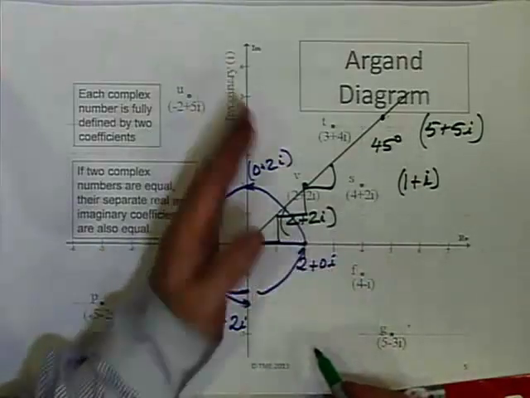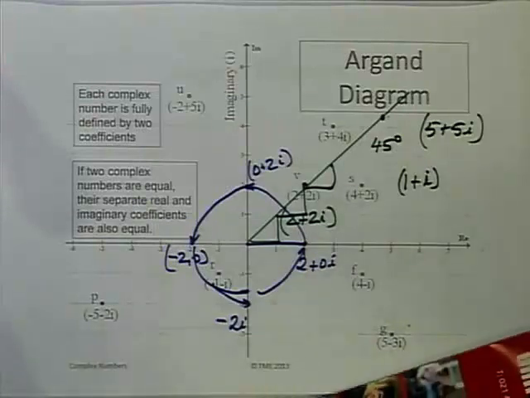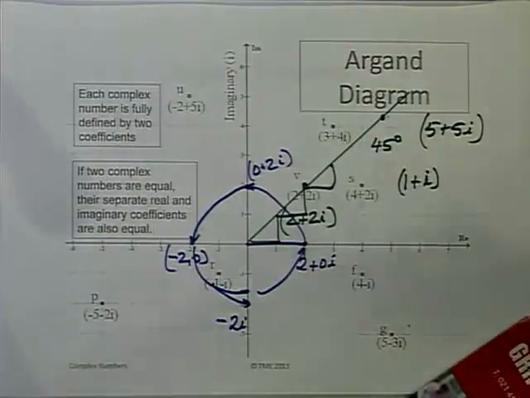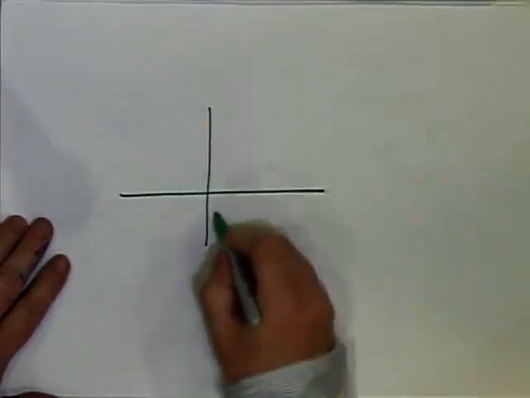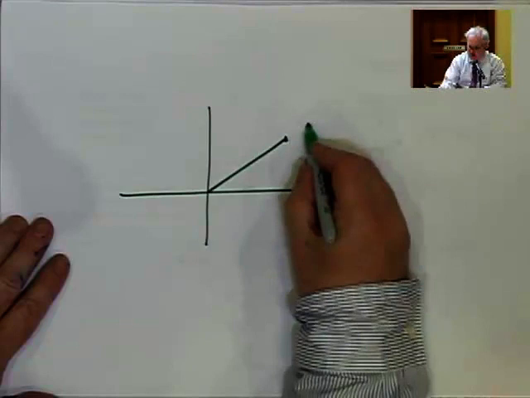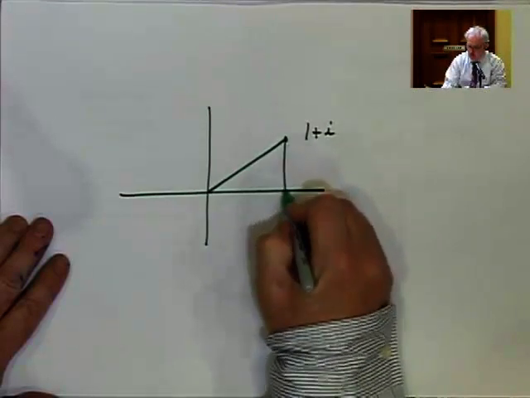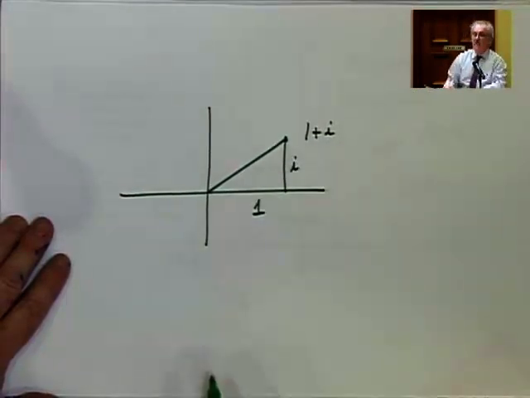Halfway between 0 and 90? It'd be 45, wouldn't it? So if that's 1 plus i, it goes out 1 for every i.